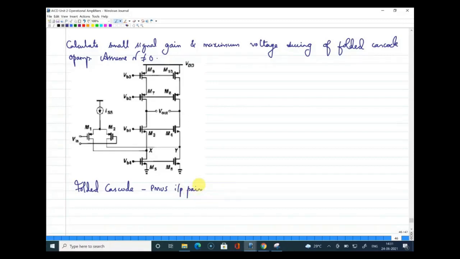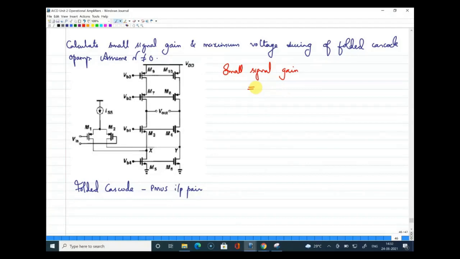So how do we start? How to get the small signal gain of this circuit? Abhishek, are you there? Yes, sir. Can you tell me what is the small signal gain of this circuit? Sir, we can take it as a folded cascode structure, and so gm1, gm3, ro3, ro5 like that, in parallel.